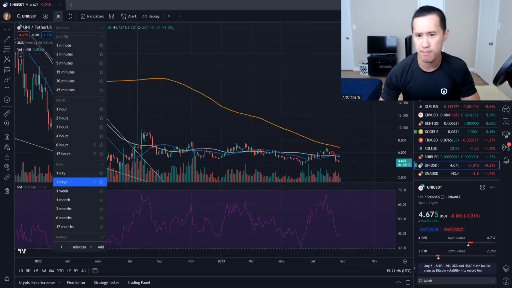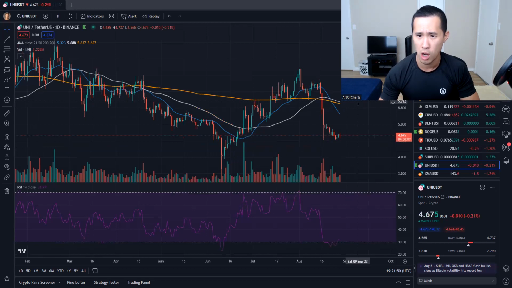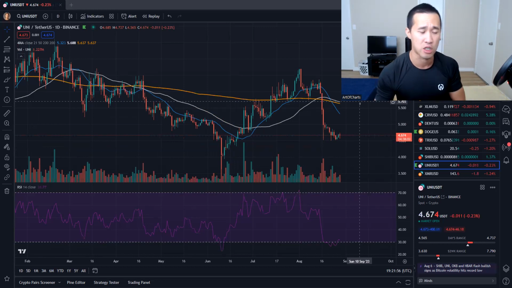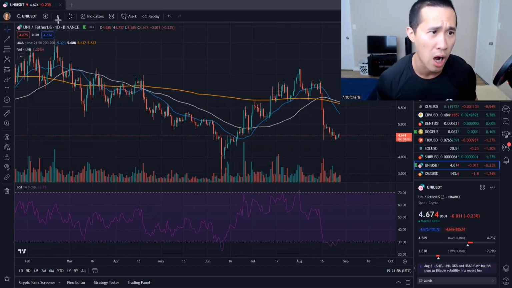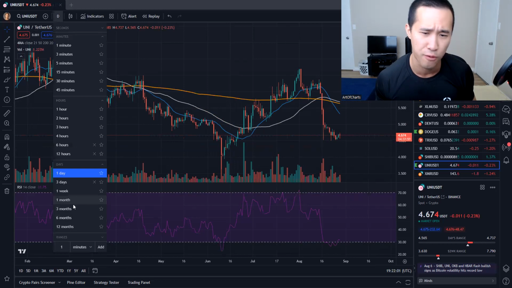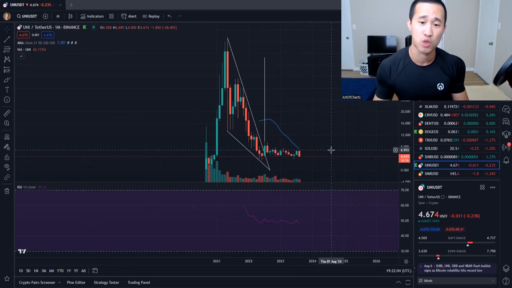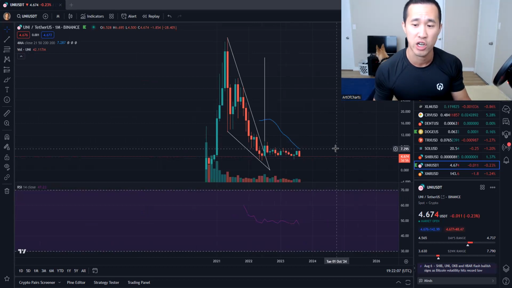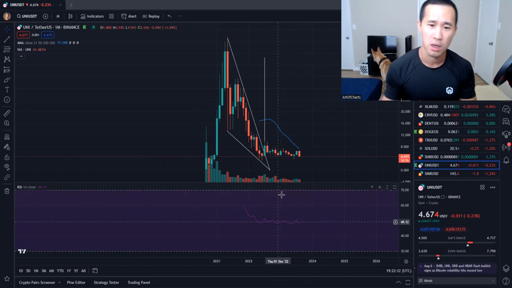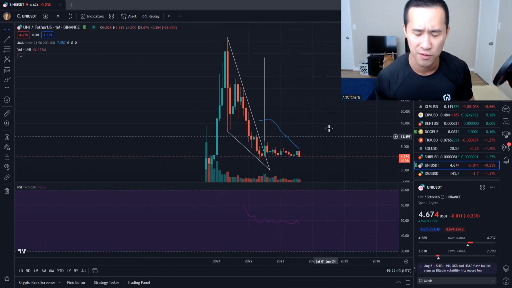On the daily time frame, we're still below all major moving averages until it gets over $5.70 at the time of this reading. Okay, let's take a look at the monthly time frame, where the monthly 21 SMA is right above the price action here at about $7.30.